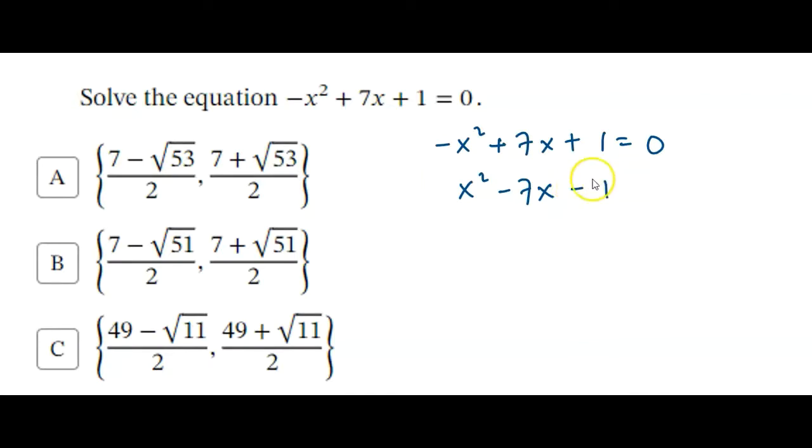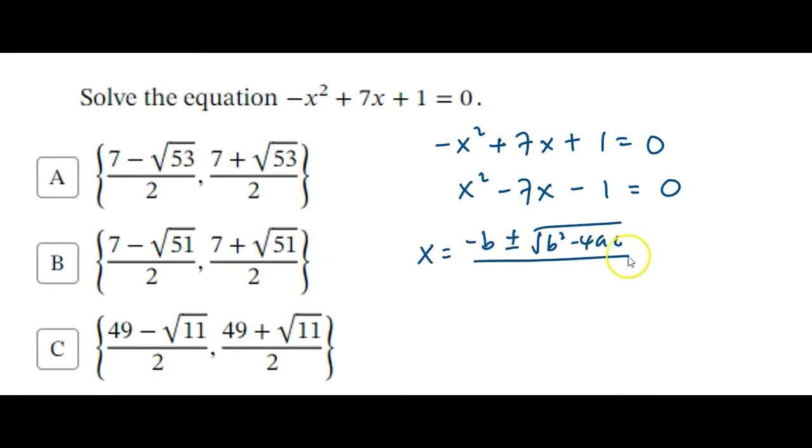So I get x squared minus 7x minus 1, and the right hand side multiplied by negative 1 still gets 0. You can see that this equation cannot be solved by the factorization method. So I'm going to use the quadratic formula, where x equals negative b plus or minus the square root of b squared minus 4ac, over 2a.